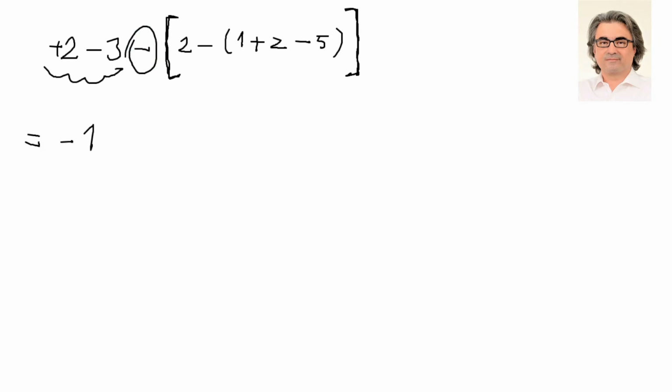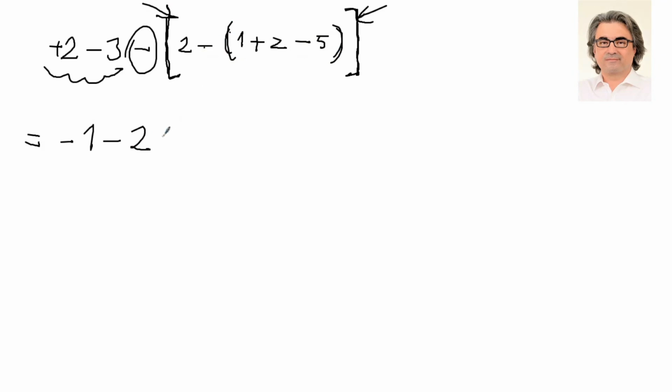So to remove this parenthesis, I show you now these two parentheses. To remove it, change the signs of the numbers in parentheses. The first number in the parentheses is plus 2. Right here, minus 2. And we have another parenthesis and we have minus sign in front of it.